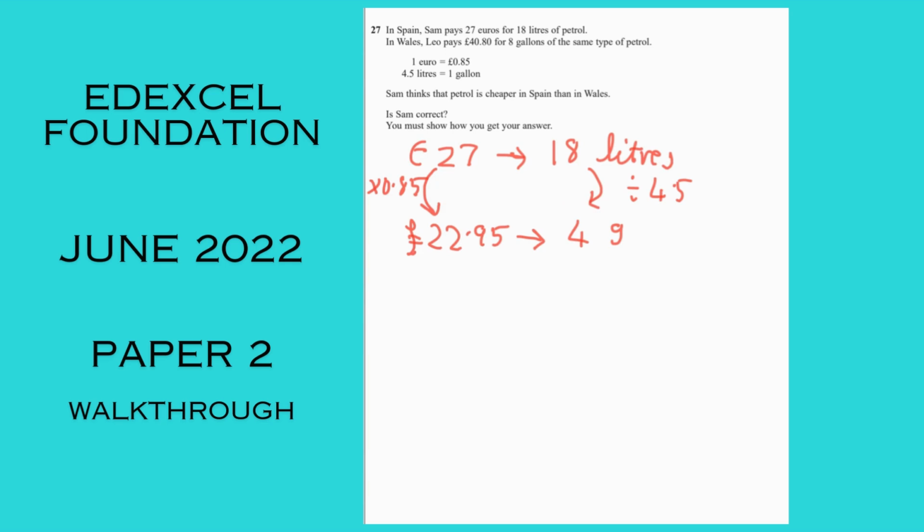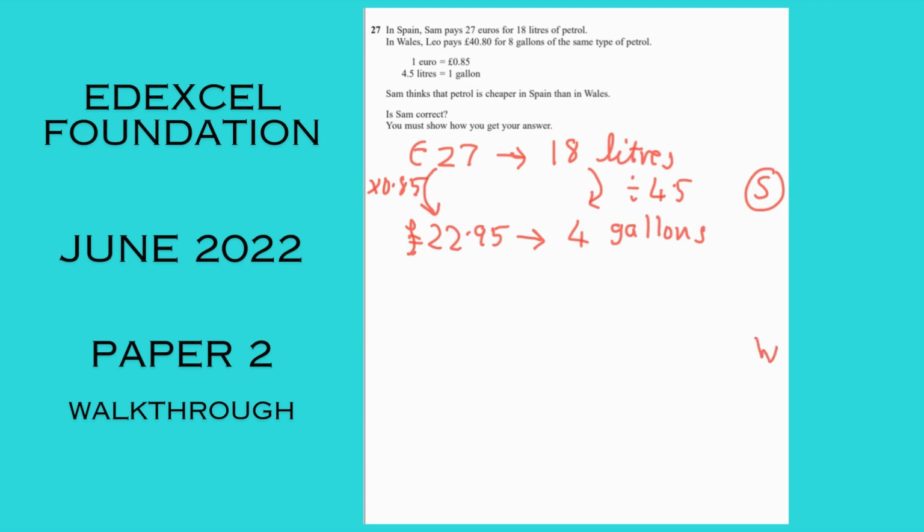So you're doing 2 things for the price of 1. You're now saying that in Spain, not only is it 27 euros for 18 litres, that's the same as £22.95 for 4 gallons.